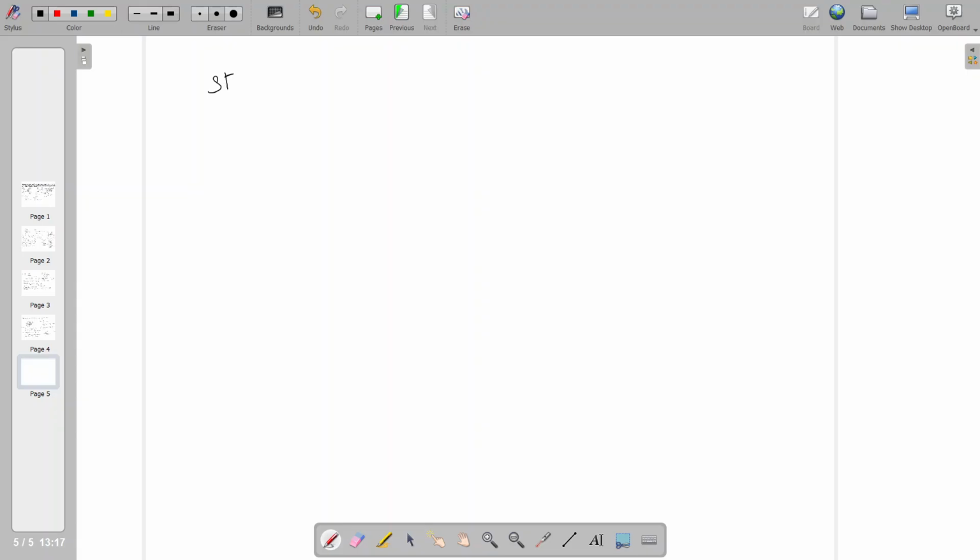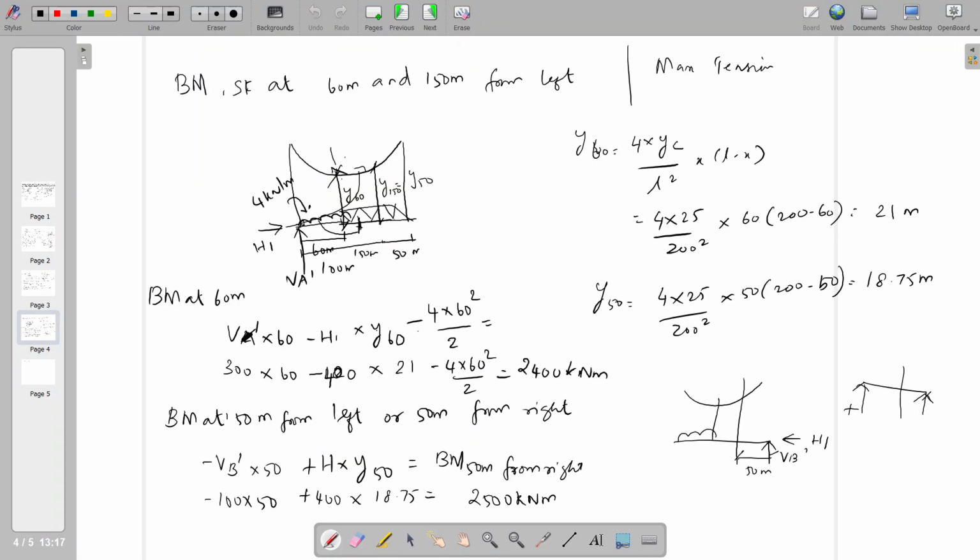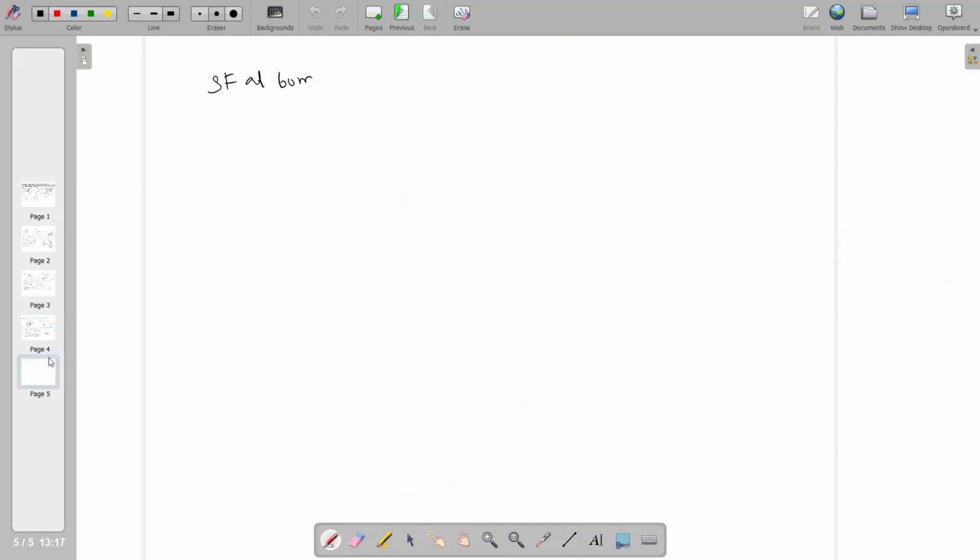Next one, shear force at 60 meter. So you can copy the same equation, or we can write the bending moment equation at 60 meter. This is the center point.